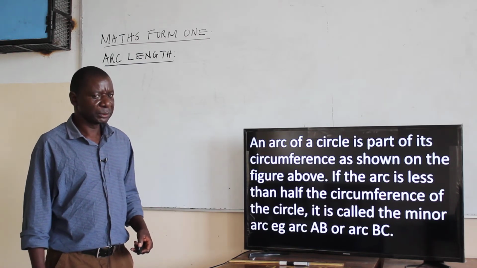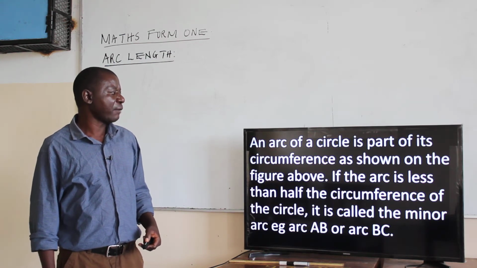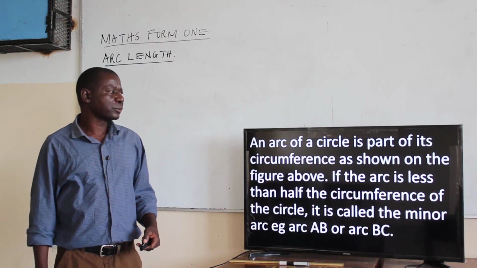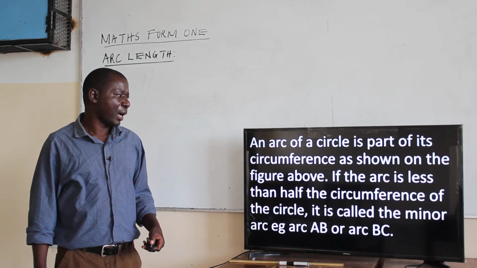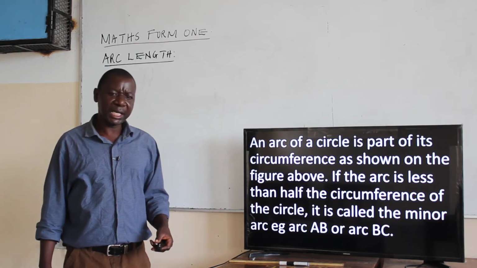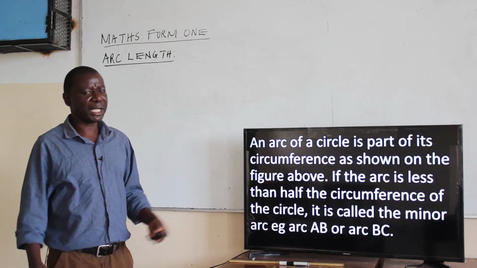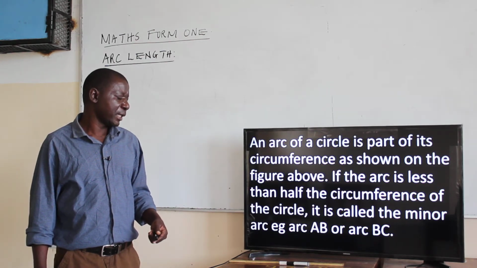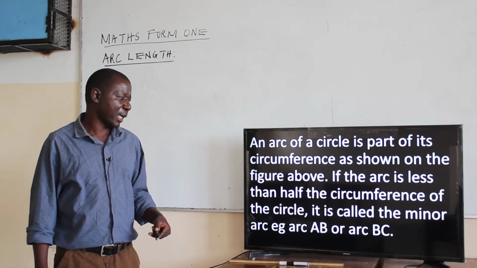So, as I've said, we have an arc of a circle which is part of the circumference, as we have already seen on the figure shown above. If the arc is less than half of the circle, we call it the minor arc.